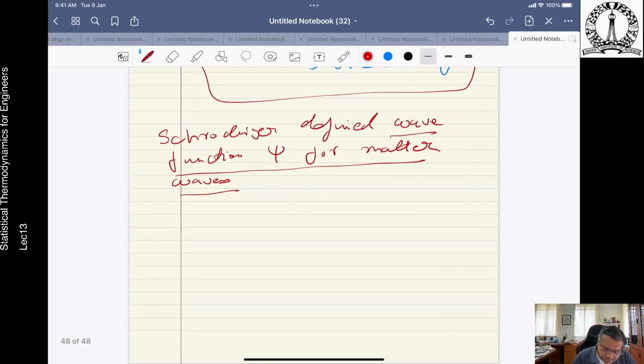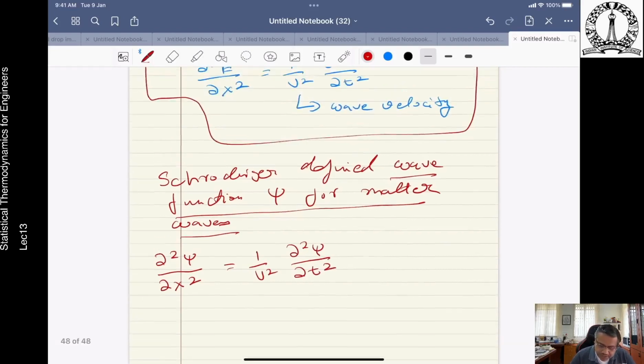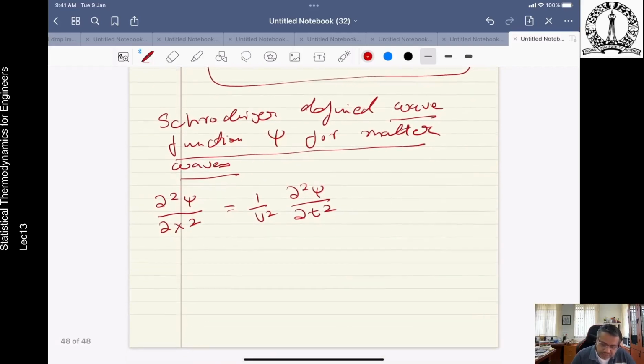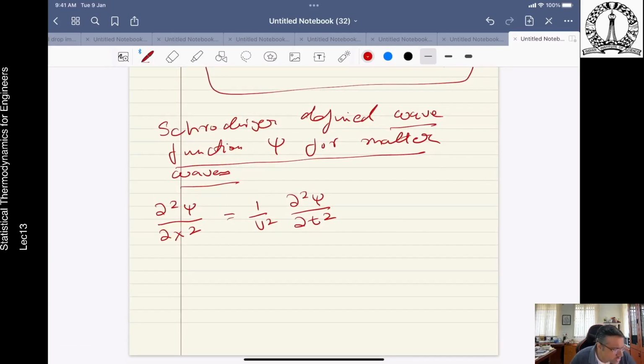So this wave function is very similar to this. You can take an analogy and see what it looks like.